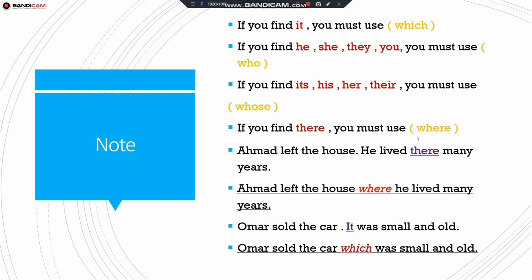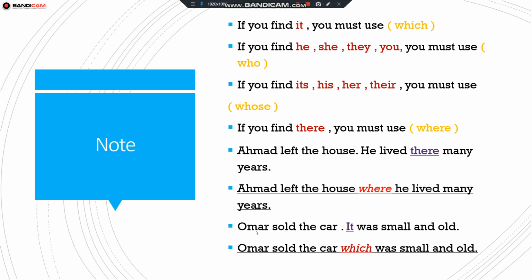There. If you find there, you should use where. So Ahmed left the house. After the first sentence, you have to write the suitable relative pronoun. Where? So Ahmed left the house where he lived many years. Okay يا شباب.